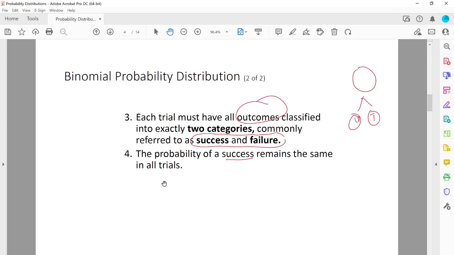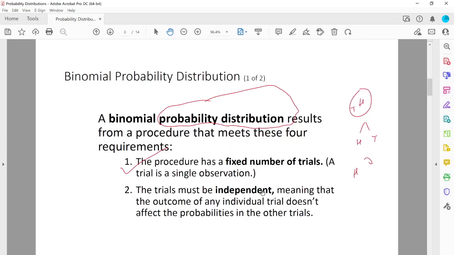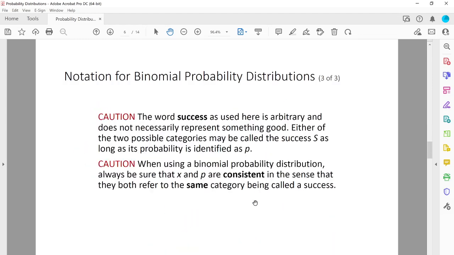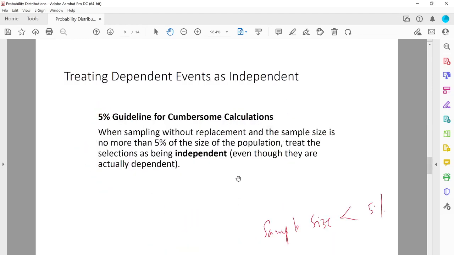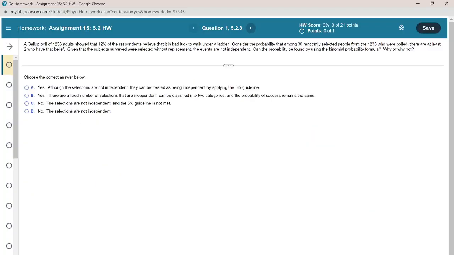As you can see here, the trials must be independent, and that can be checked by looking at the sample size. It should be less than 5%. In this problem it says without replacement, so we just have to keep in mind what the sample size is. The sample size is 30. So 30 out of 1236. Is it less than 5%?